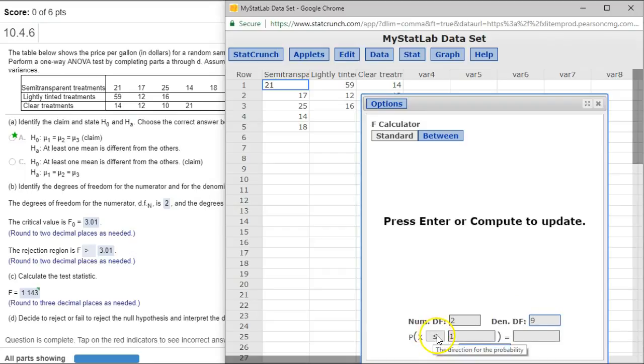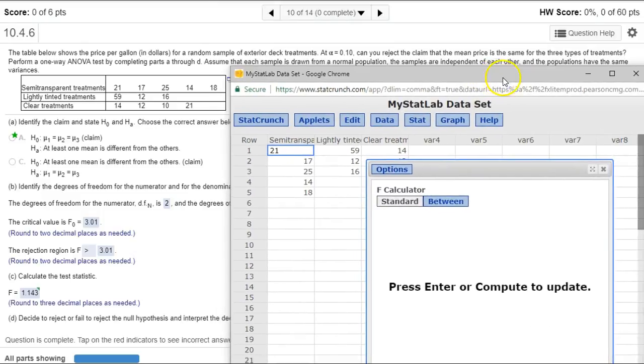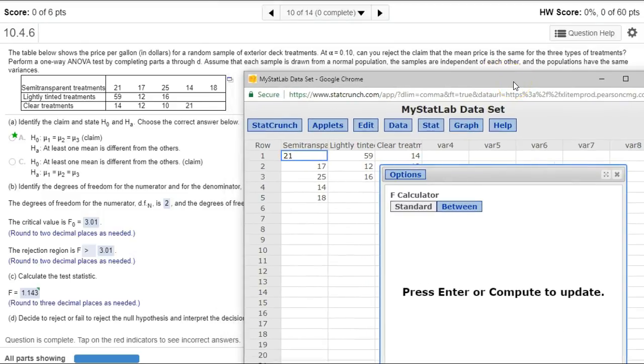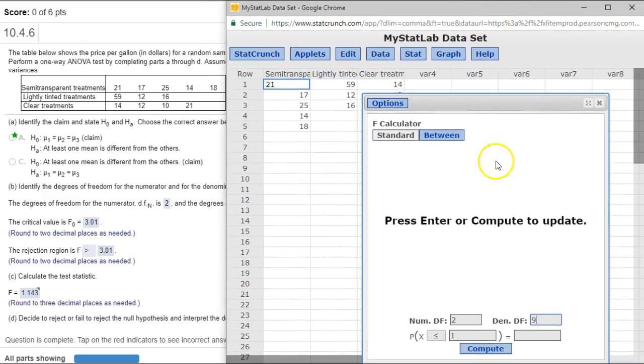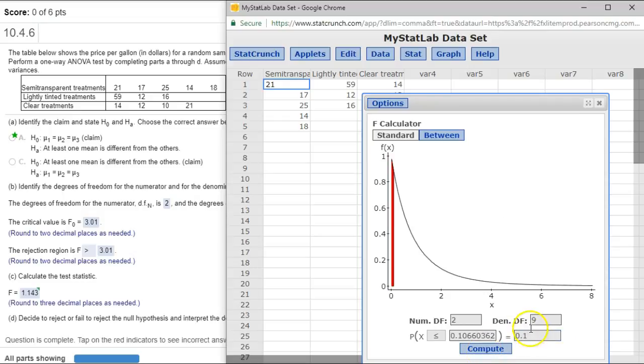And we need to know alpha, so let's find that. Alpha is 0.1, as mentioned on that first line there. So we want to put that over here, 0.1. It's always a right tail test for ANOVA, so we'll just enter 0.1.